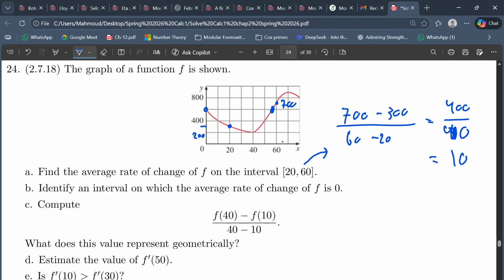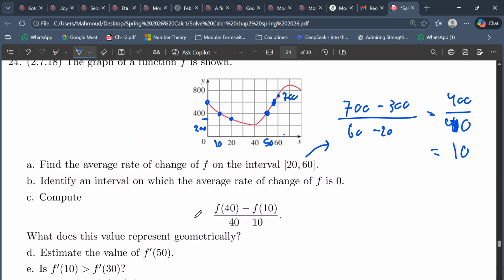In general, when do you have average equals 0? When the y values are equal, right? So there are possible values. For example, here and here, between 50 and 10, for example, or 0 and 55, I think. So for part B, you have more than one answer, okay?